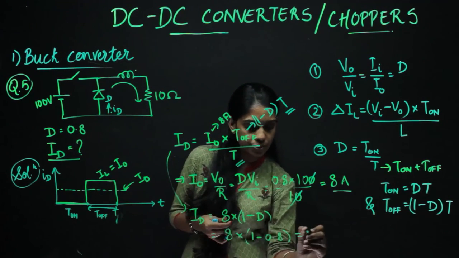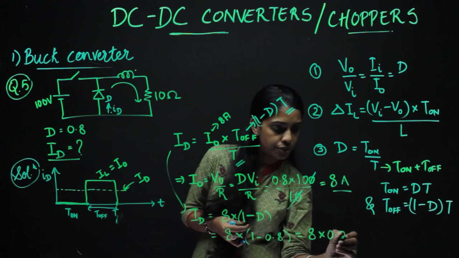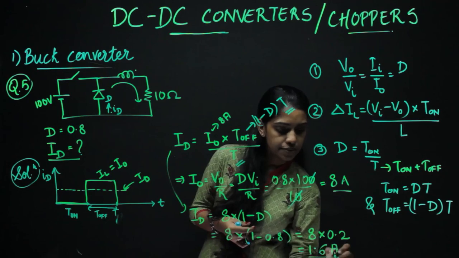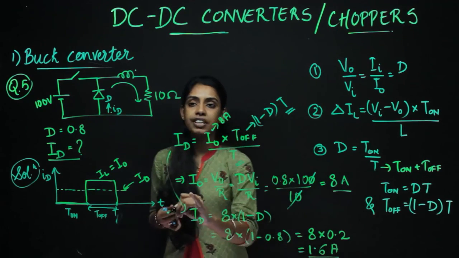So 8 into 0.2, which is equal to 1.6 amperes. So this is the average diode current.